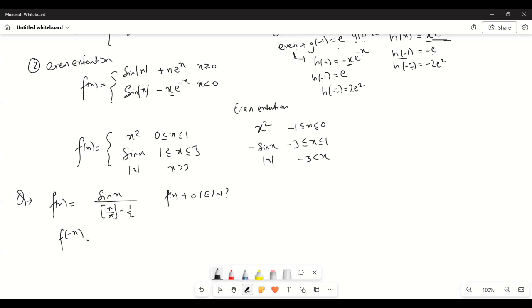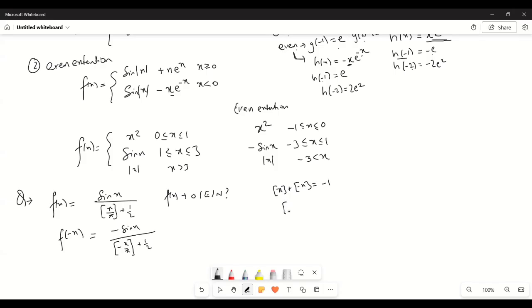So we start with f of -x. So sin is odd, so it will become minus sin x divided by minus of box of x by pi plus half. Now when we were discussing odd even box functions, we had done a property that box of x plus box of minus x is -1.